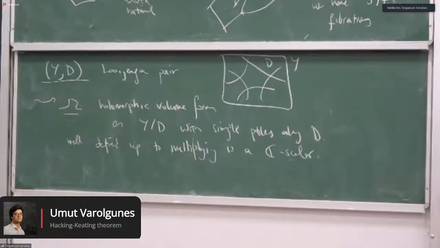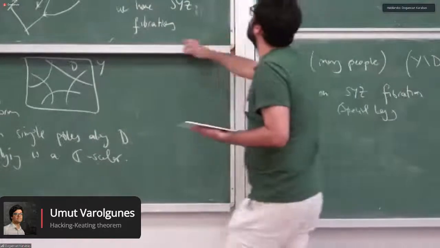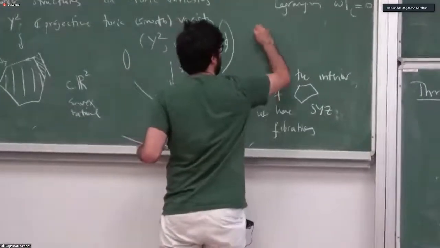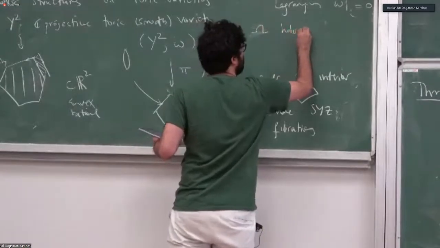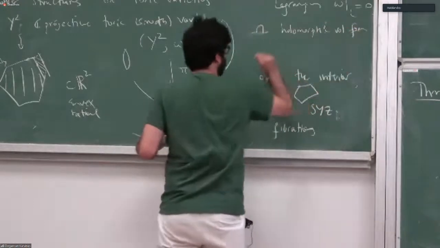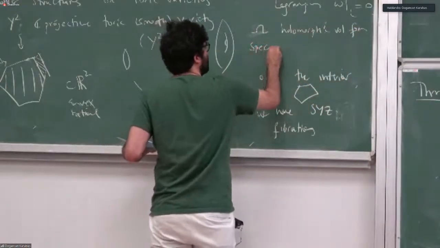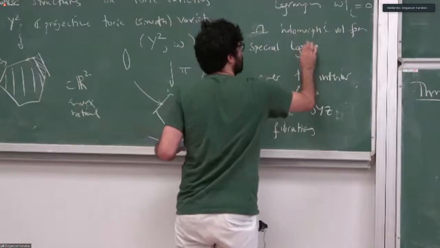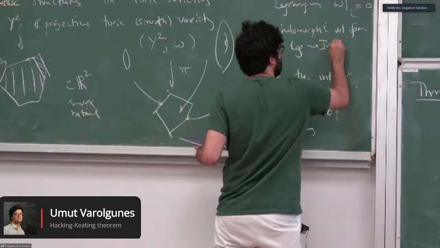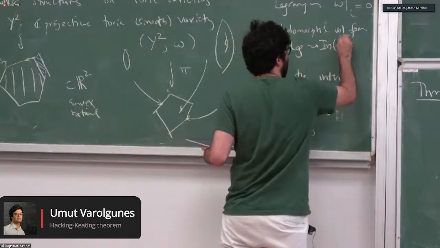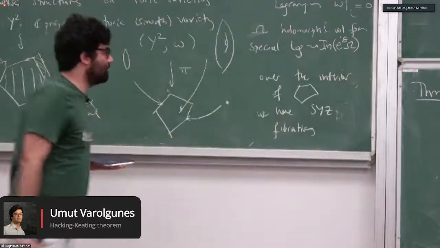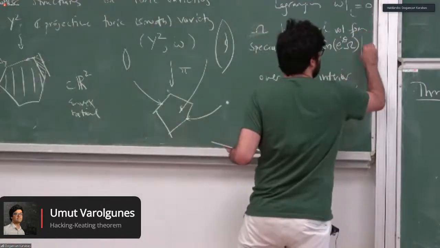Okay, so now what was an SYZ fibration? So recall Lagrangian meant this, and if I also have omega, which is a holomorphic volume form, special Lagrangian means that if you look at the imaginary part of any phase of this holomorphic volume form, then that should be 0 on this Lagrangian.